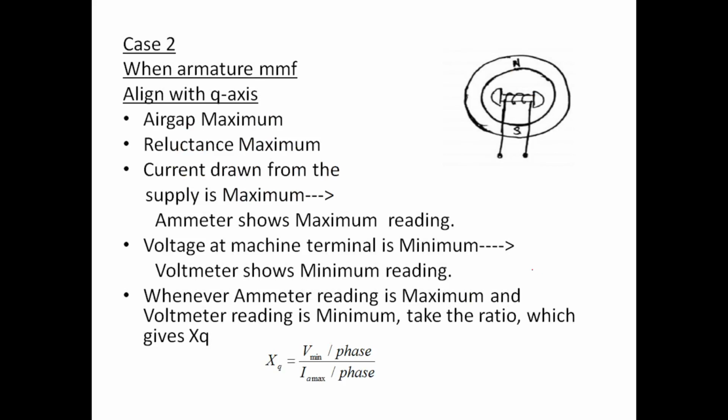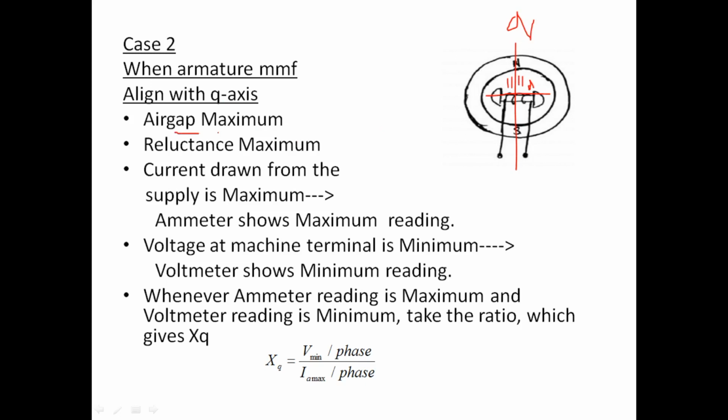Now in case 2, this is the D axis along the poles, and this will be the Q axis. Now the armature MMF is aligned along the Q axis, which means the air gap is maximum here.